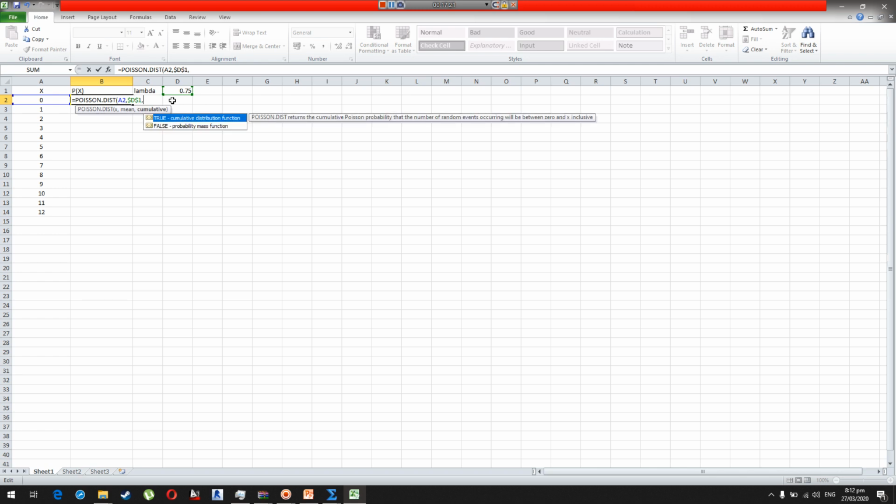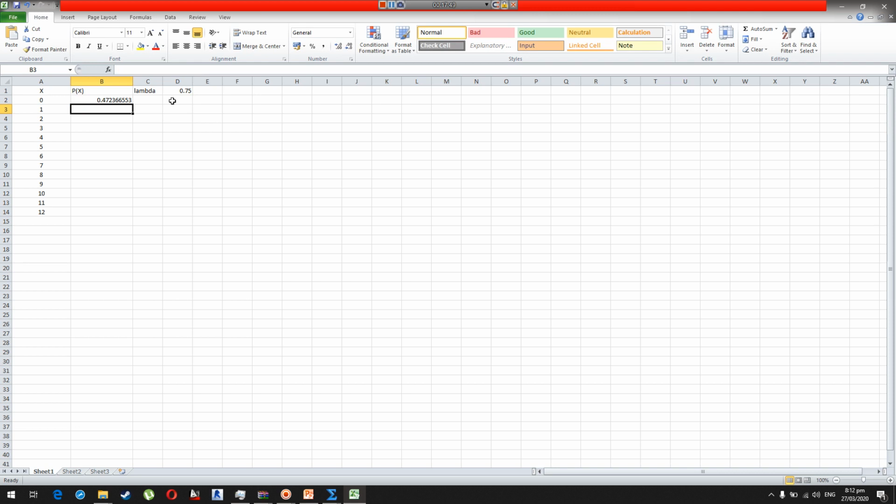Cumulative, we are not going to determine the cumulative probability distribution, just the probability mass function of the Poisson distribution. So we are not interested in cumulative this time, so you can write false here. Close the bracket, and that will give you the probability value of X equal to 0 when lambda is 0.75. You can drag it till 12, and that will give you the probability value for each random variable.